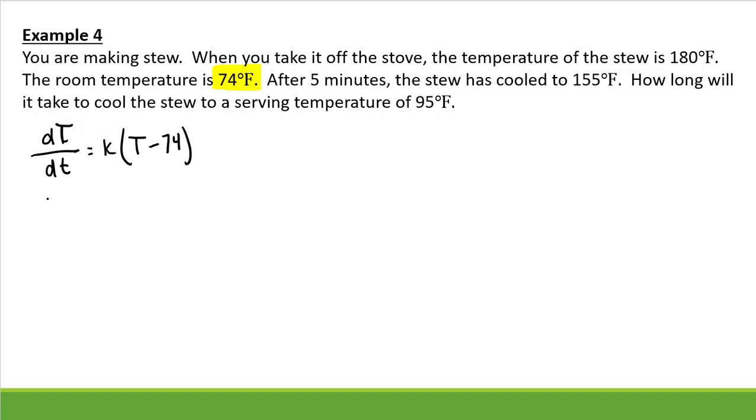Now we integrate both sides. So if I integrate both sides, this left side becomes the ln of T minus 74 equals kt plus c.